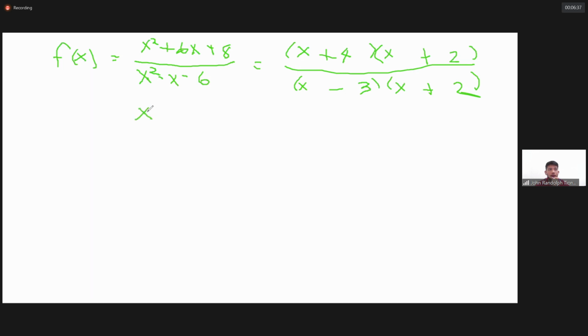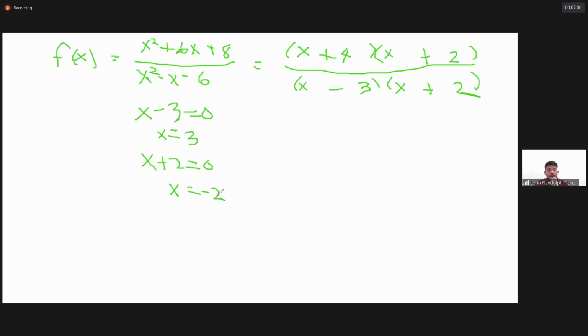So you're going to equate x minus 3 equals 0, so x equals 3. That is one restriction. For the other, x plus 2, equate it to 0, and then x equals negative 2.